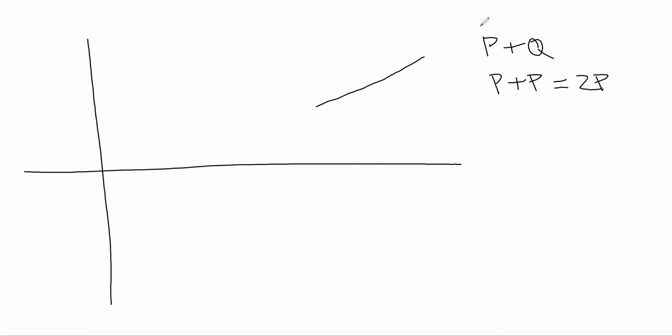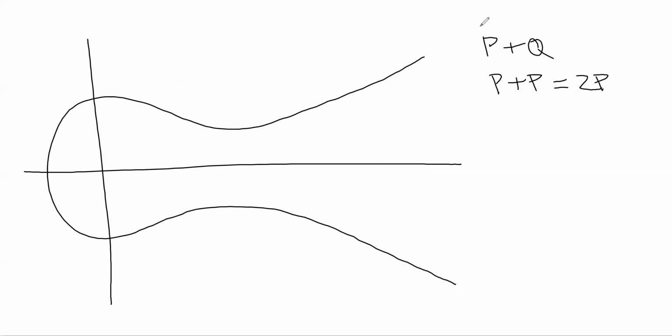Same setup. We have the elliptic curve E, our x-axis, and our y-axis. The best way to think about this is, let's say we have P right here, and we have Q right here. Let's not call this Q, let's call this Q1.